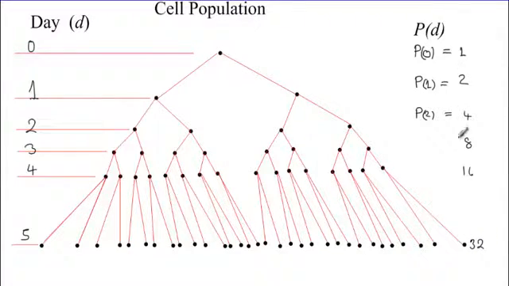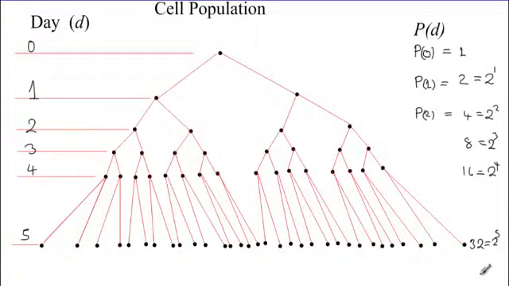Now if we monitor this pattern, it is growth. We started at 1, it increased to 2, 4, 8, 16 and so on. But let's notice something here: all these numbers are powers of 2. We've got 2 to the power 1, 2 to the power 2, 2 to the power 3, 2 to the power 4, and this will be 2 to the power 5.